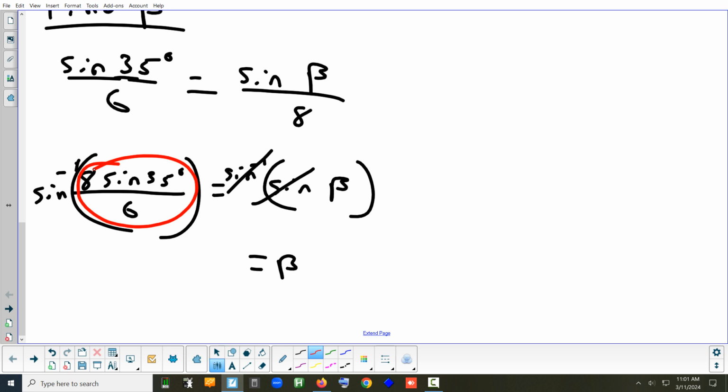You can do inverse sine of some negative numbers. So this can't be above 1 or smaller than negative 1. If it is, you'll get no solution. Okay, I'm pretty sure this comes out between negative 1 and 1, so it will work.